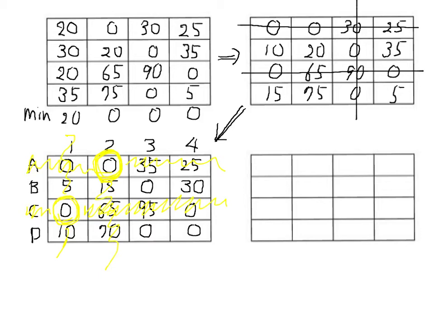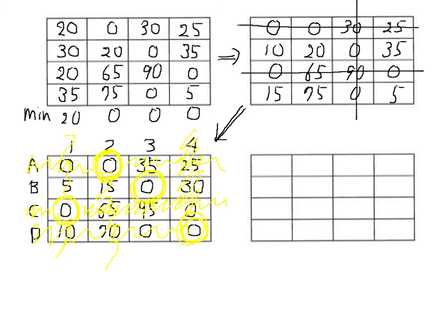Next one, let's look down again. So column number 4, if you look down this way, only D can visit retailer number 4, so D will be matched to number 4. That leaves person B to go to retailer number 3.